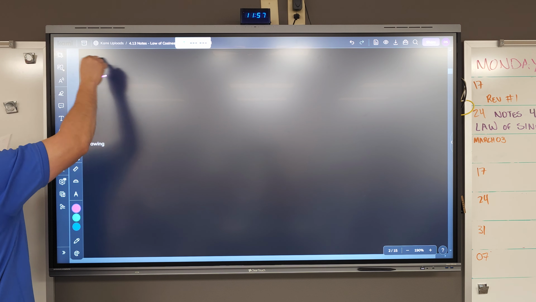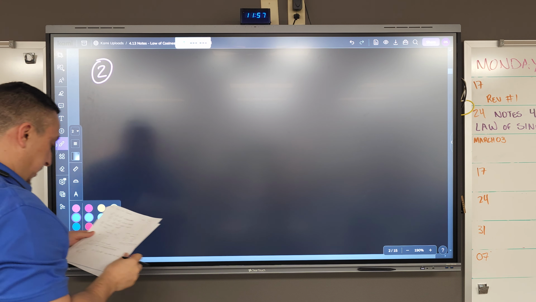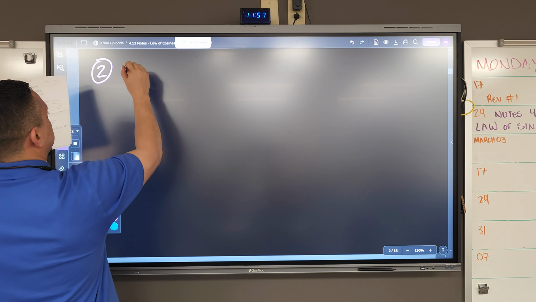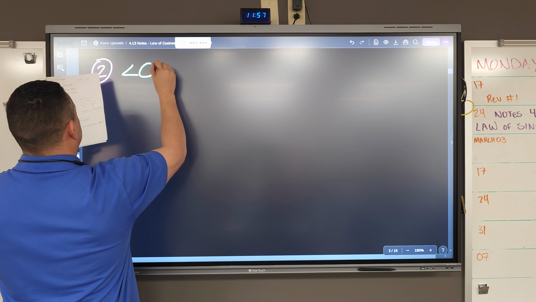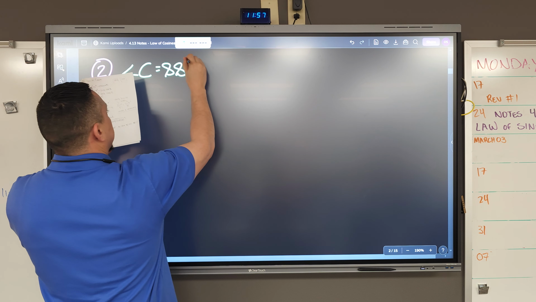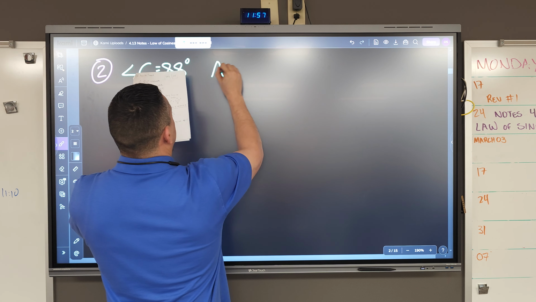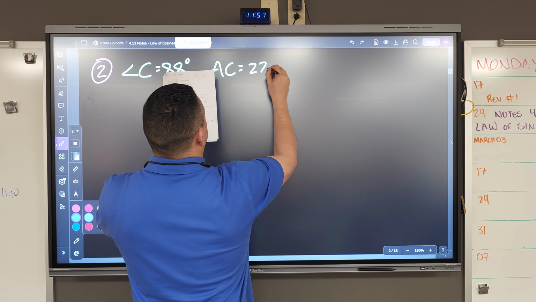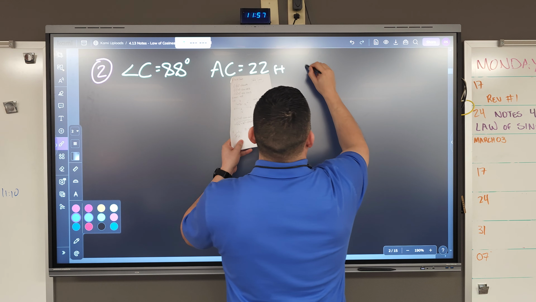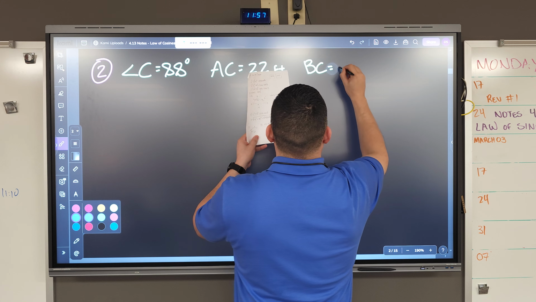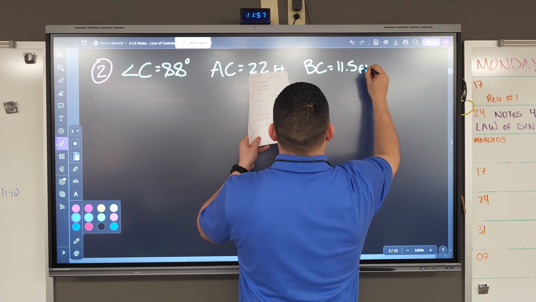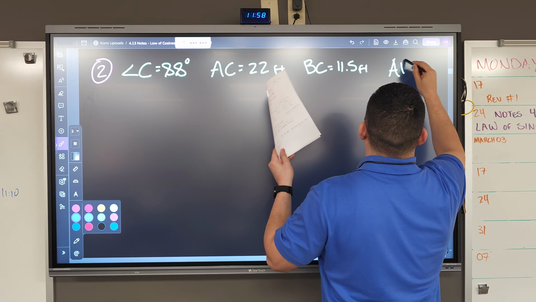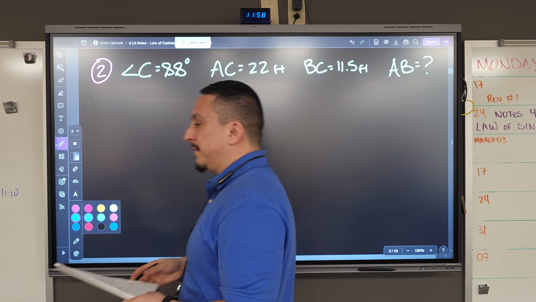Number 2. Let's try it like this. So angle C is 88 degrees. AC is 22 feet. BC is 11.5 feet. And they want AB. So you did this already, right?